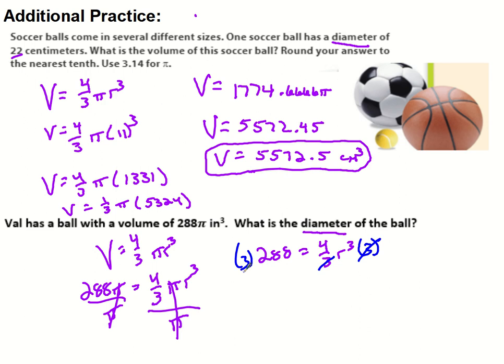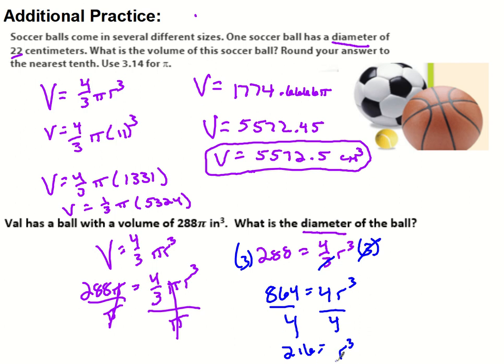So I'm doing 288 times 3, which is 864. The 4 is still there. So now this is where I can divide both sides by 4. And I'm left with 216 equals my radius cubed. So now that I've got my radius cubed, I need to figure out, well, what times itself 3 times is equal to 216.